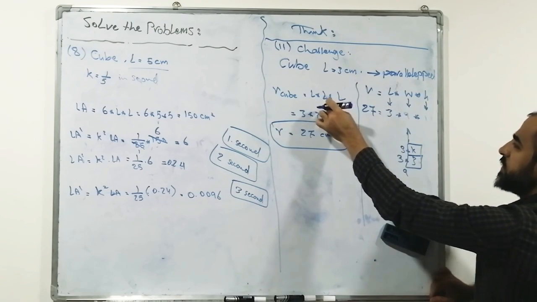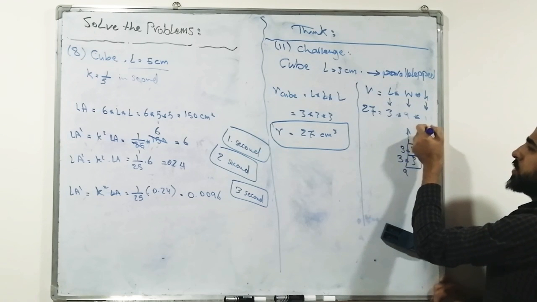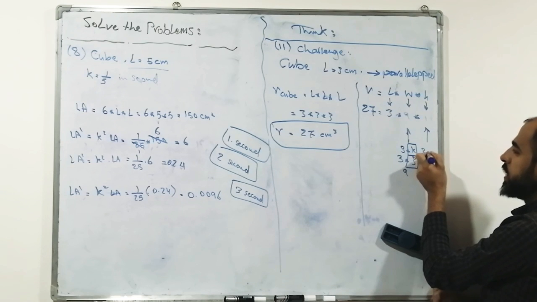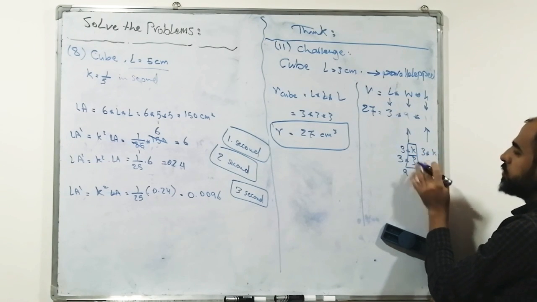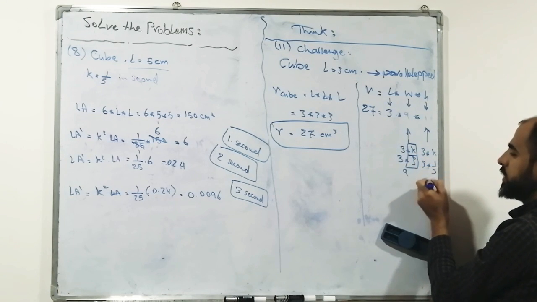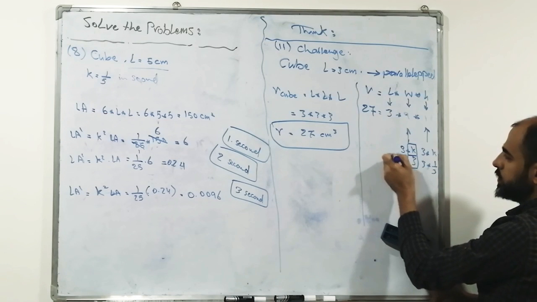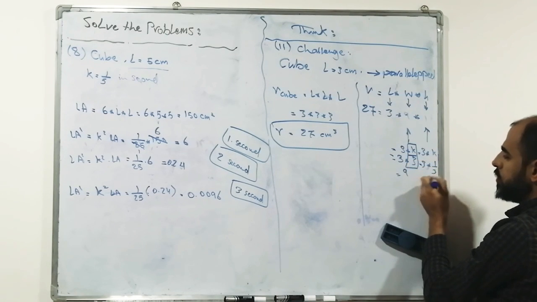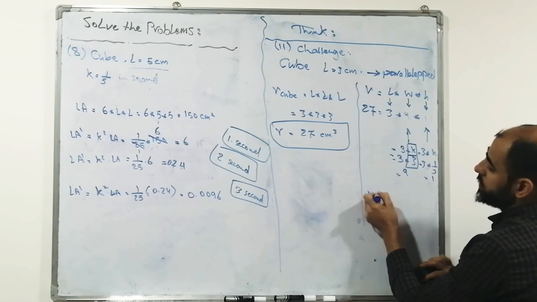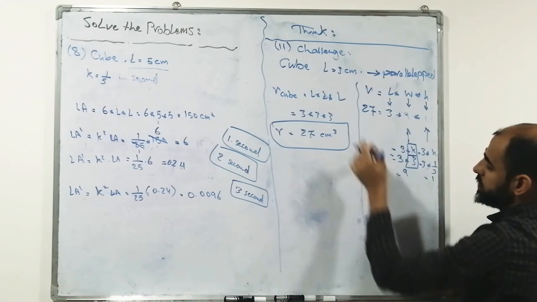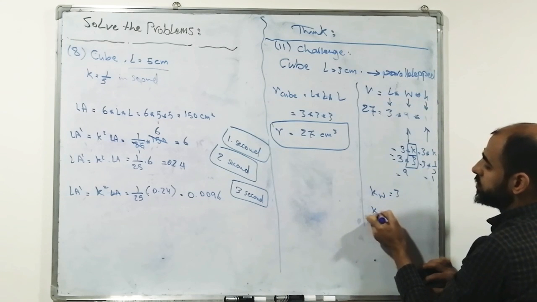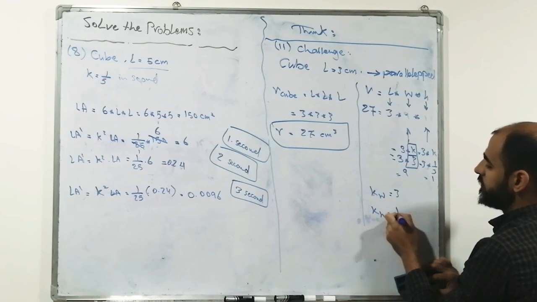And here we have 3, which should become 1. So it will be multiplied by 3 by k. How do we make 3 equal 1? By multiplying by 1 over 3. So the dilation coefficient of the width is 3, and the dilation coefficient of the height is 1 over 3.